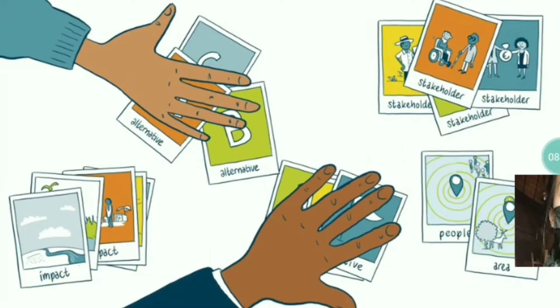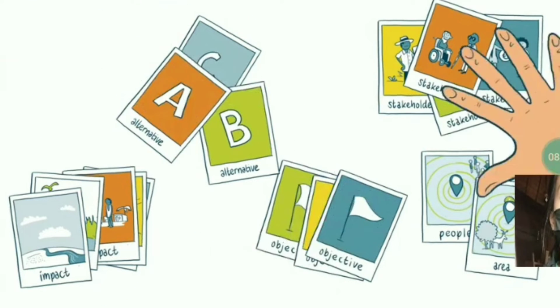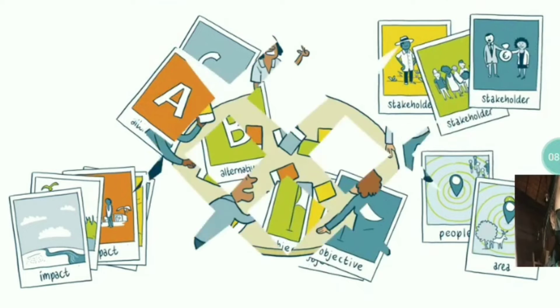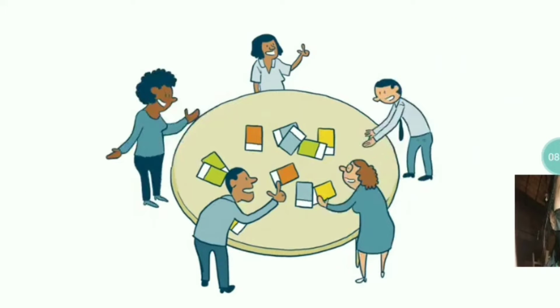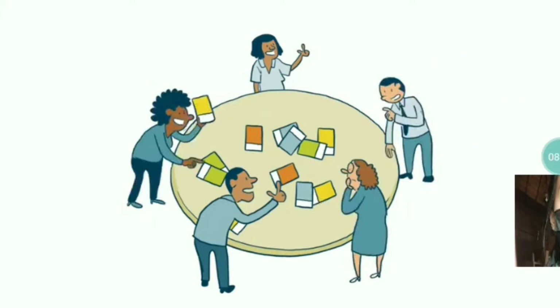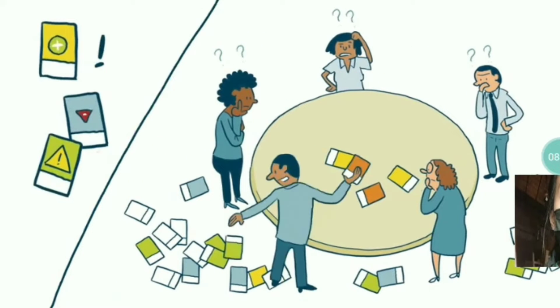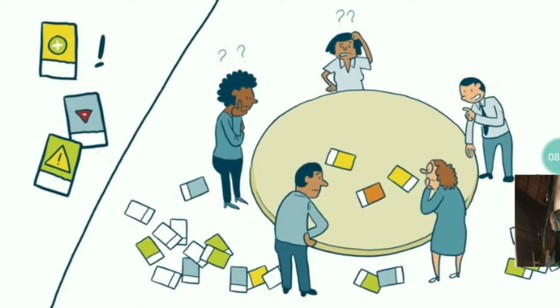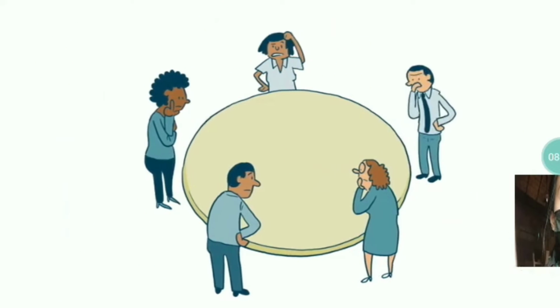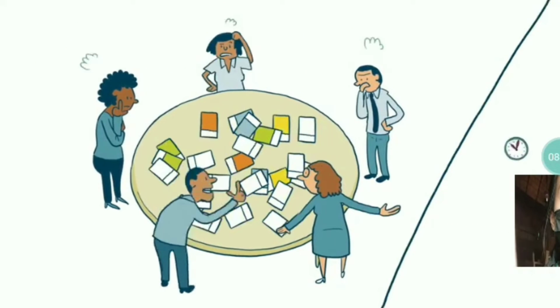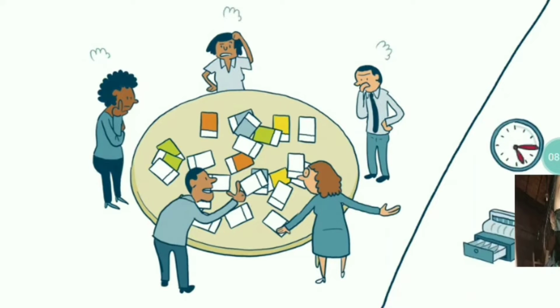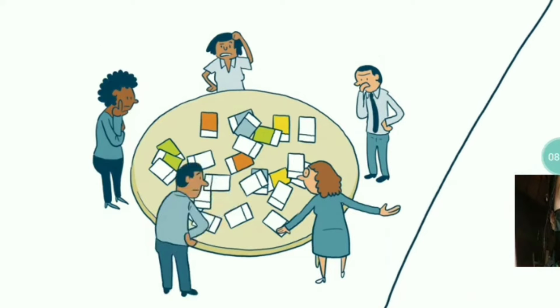Scoping is a creative and participatory process that helps to focus on the relevant impacts. If the focus is too narrow, the ESIA might miss important impacts or will be less convincing. If the focus is too broad, the ESIA will take unnecessary time and money.